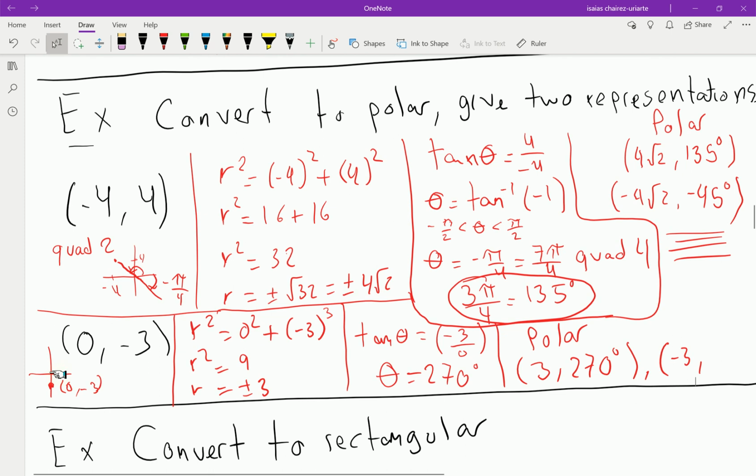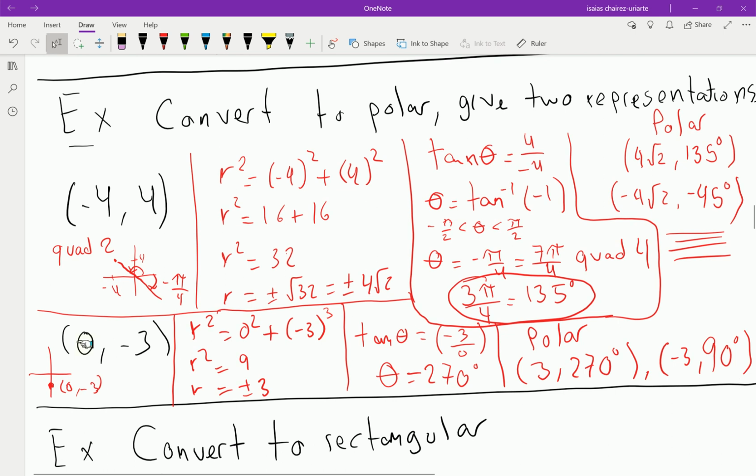So we said 3 and then 270, and I could go 3, negative 3, and actually positive 90. Over here, in this previous example, we said negative 4 root 2, negative 45. That's clockwise. In this case, it's counter. No, this is okay. This is good. All right, so these are two polar representations of this point, 0, negative 3.